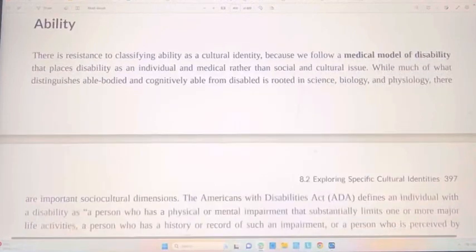Ability. There is resistance to classifying ability as a cultural identity because we follow a medical model of disability that places disability as an individual and medical rather than social and cultural issue. While much of what distinguishes able-bodied and cognitively able from disabled is rooted in science, biology, and physiology, there are important socio-cultural dimensions.